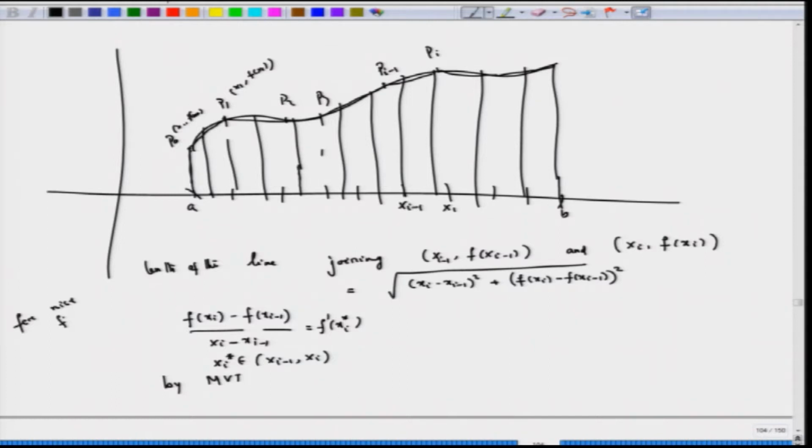That means the curve we are looking at is a differentiable function to start with.